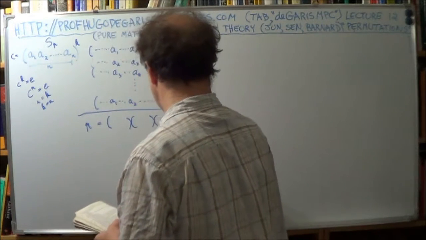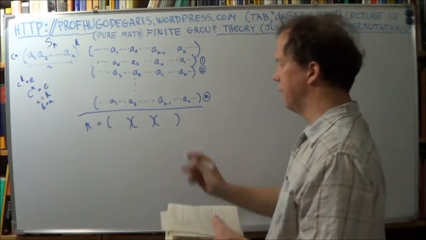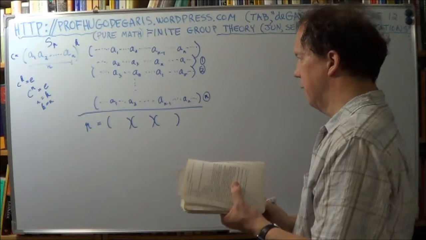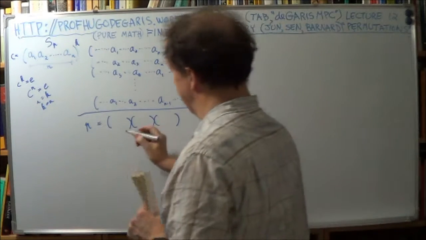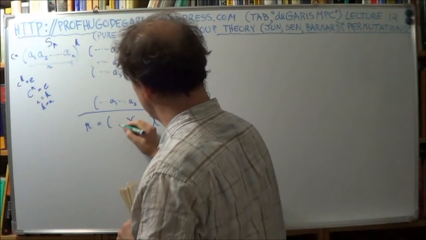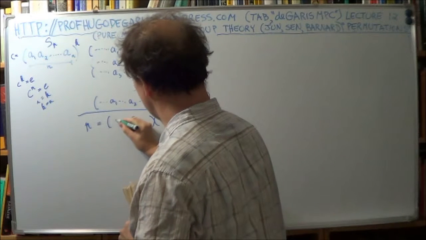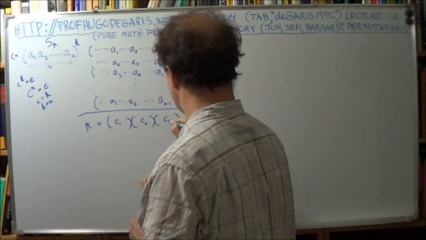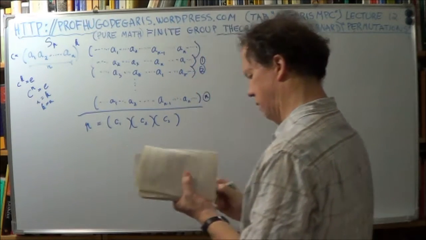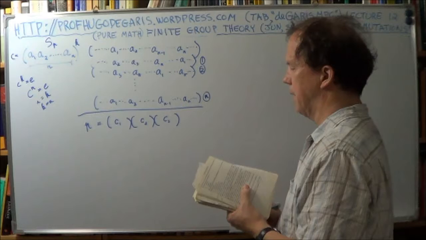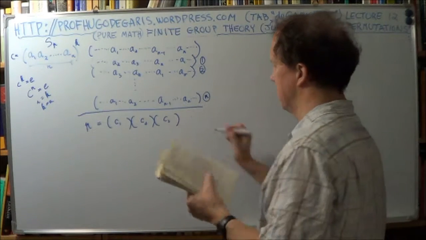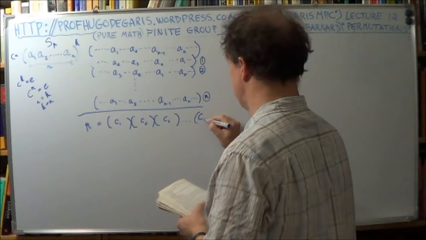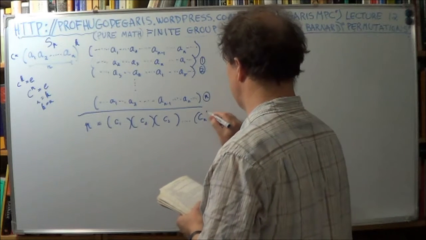Well, all right, well, call that C1, okay, C2, C3, dot, CN, let's say.